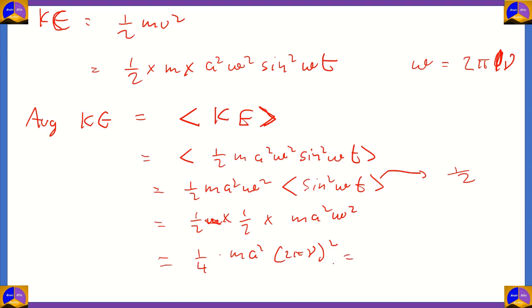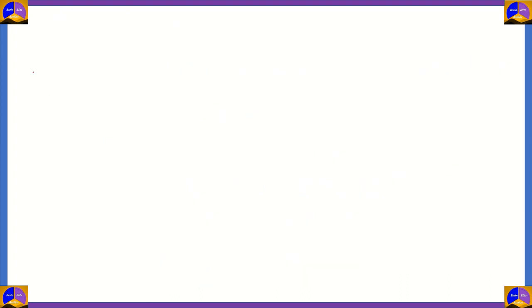So you will get kinetic energy average as equal to 1 by 4 times mass times a squared times 4 times pi squared times nu squared. So 4 gets cancelled.